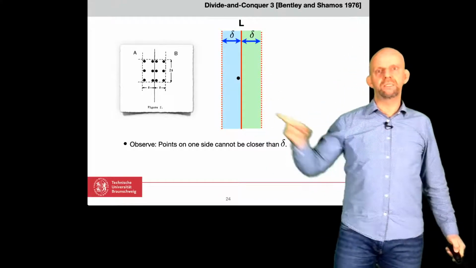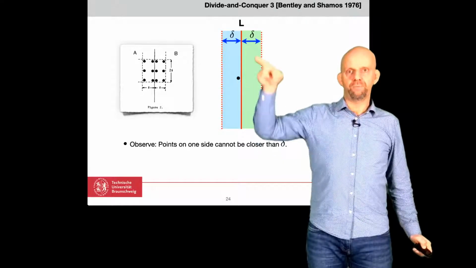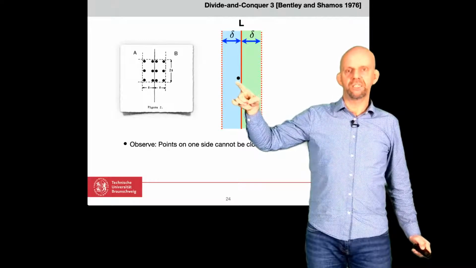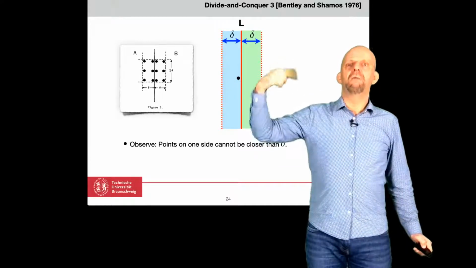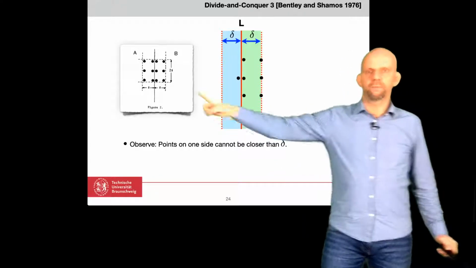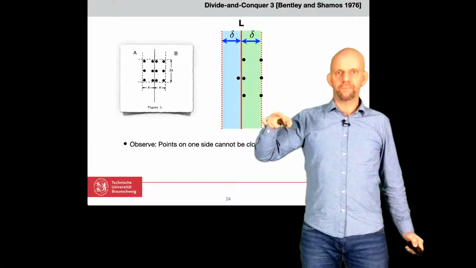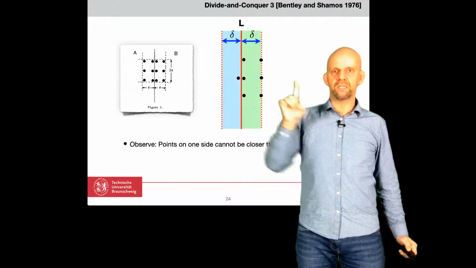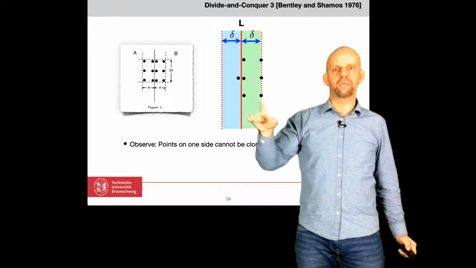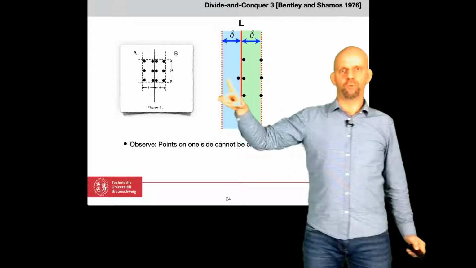Now that also means that any candidate for this as a neighbor must be within delta of this, but it also must be apart from each other, which means, see that figure here, that in this setting you cannot have more than 6 candidates for this point, which are candidates for being a closest pair like this one here. They're really close. So that would be the answer here.